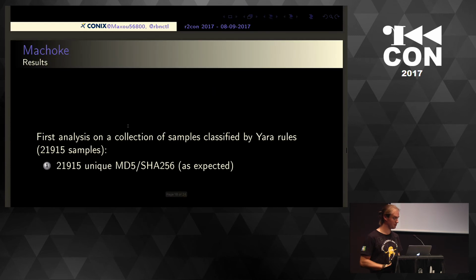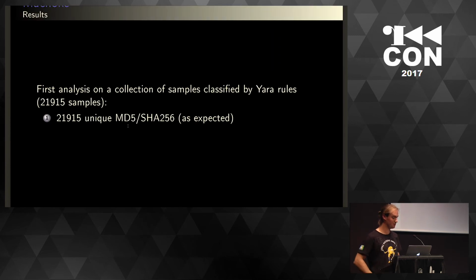So the results. We did the first analysis on a small collection of samples that we classified by YARA rules. There were more than 20,000 samples, and then more than 20,000 MD5 and SHA hashes, as expected.